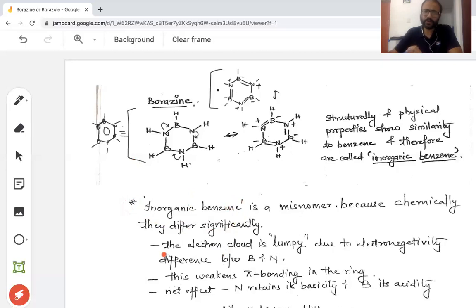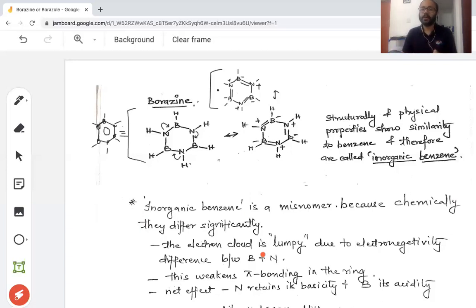Now, if you look at the electron cloud in benzene, what is happening? All the p orbitals perpendicular to the plane of the benzene ring overlap, and you have the electron cloud on the top and the bottom of the plane. They are uniformly distributed all around the carbon atoms.